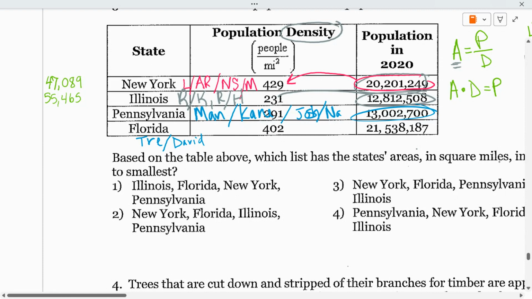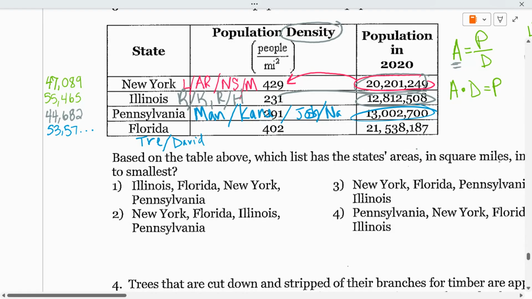That's good. What do we get for Pennsylvania? 44,682. Perfect. And what do we get for Florida? 53,000 what? 570 blah blah blah. Got it.